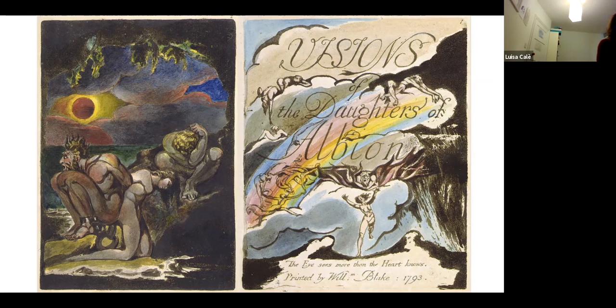And in a couple of copies, it's also the last plate. So it moves around, and it works as an independent plate as well as a frontispiece, which makes it quite different depending on where you place it.